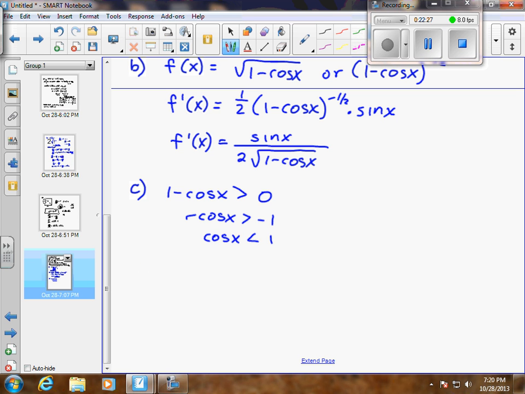So I would say x is all real numbers except n times 2 pi. That takes care of 0 times 2 pi, 1 times 2 pi. Pause for a question.